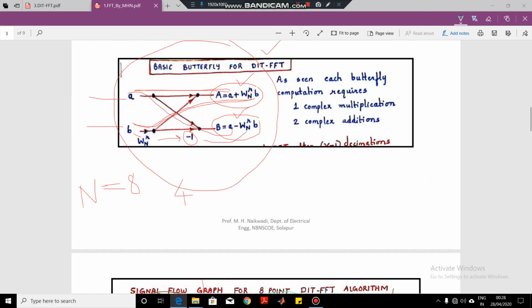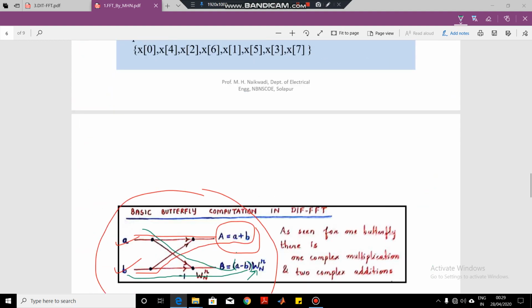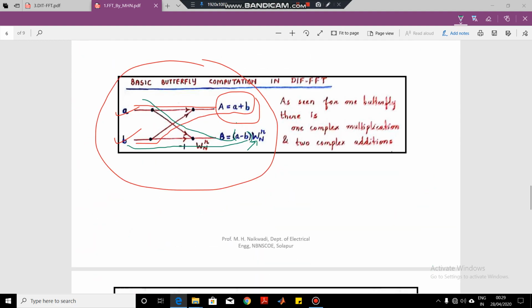If you see the butterfly structure of DIT FFT, here A comes directly, then B is multiplied by W_N^r, and then it is added. And A is coming here directly, then B is multiplied by this, and then there is a minus sign. But this is not the case here. Here it is A minus B, and that is multiplied by W_N^r.